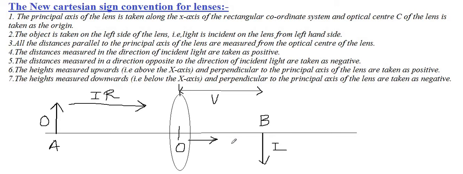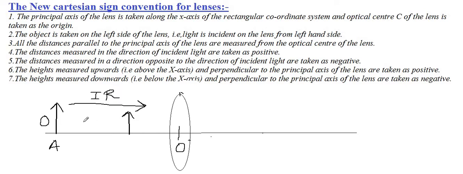So the distance which we measure between OB will be the positive value. Suppose distance between OB is 10 centimeter. So we will write this as plus 10 centimeter. Why we have written plus 10? Because we are measuring this distance along the incident ray.